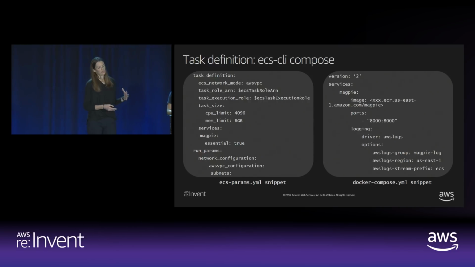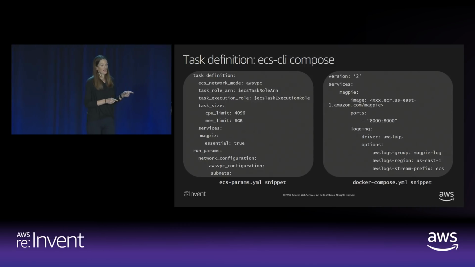Task size, which is the limit that you're setting for the task and any containers within that task. The CPU and memory are on a sliding scale, so just check the docs for which pairing of these limits is appropriate for your application.